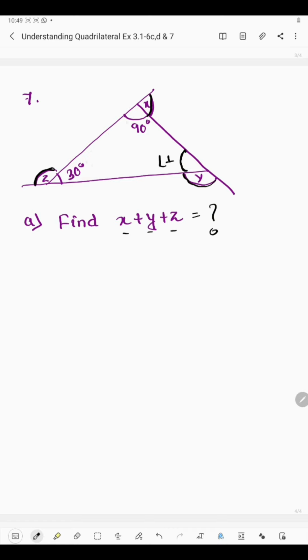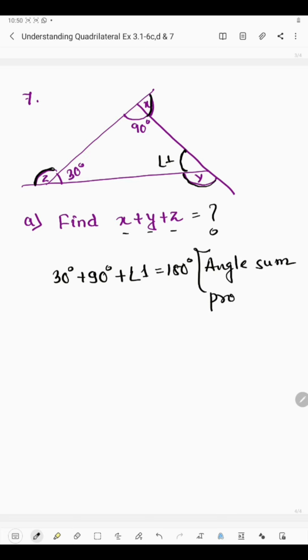By the angle sum property of a triangle, let us find the value of angle 1. So 30 degrees plus 90 degrees plus angle 1 is 180 degrees, as this is a triangle and the sum of the angles of a triangle is 180 degrees. This is the angle sum property of a triangle.